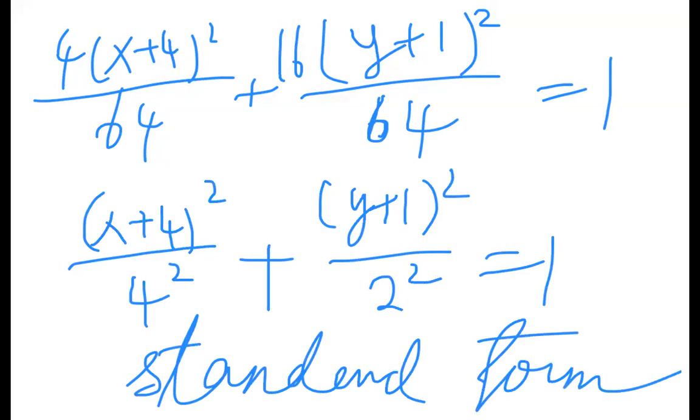Now the final step is to retrieve information from the standard form. We know that this is not centered at the origin. What is the new center? Well, x plus 4 is x minus minus 4, so the center's x-coordinate is minus 4, and y plus 2 is y minus minus 2, so it's minus 2. This is the center.